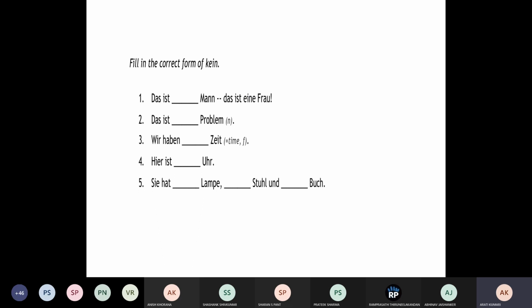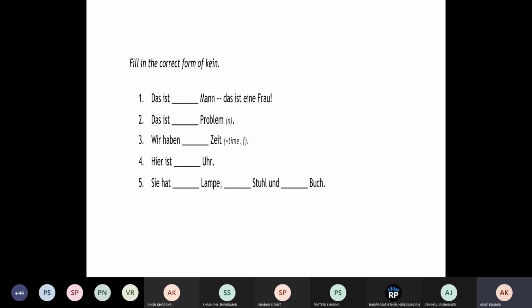In this sentence, it is little bit special sentence. Here you have a subject which is sie, and then you have Lampe, Stuhl, and Buch as object. No, she is having those things. So those things become object in this sentence. And when they become object, they take accusative case, and in accusative, masculine changes. Yeah, it becomes keinen. We're going to learn it little bit in detail in the next class.